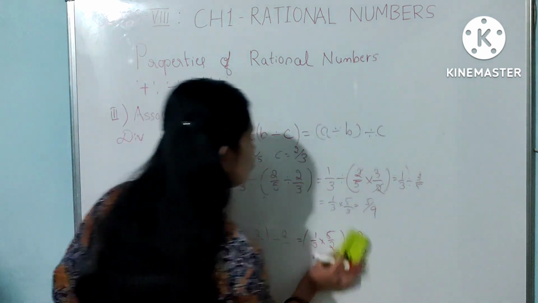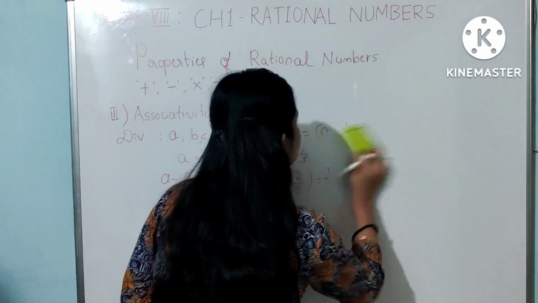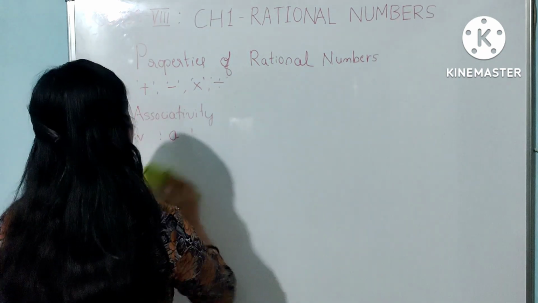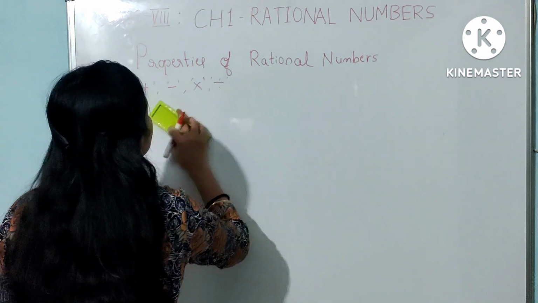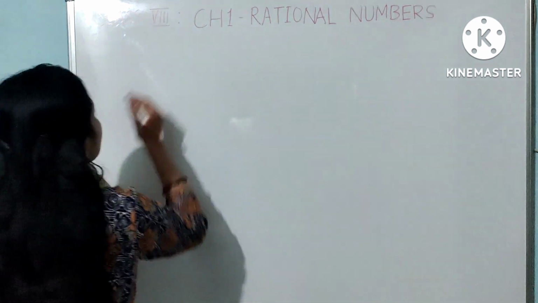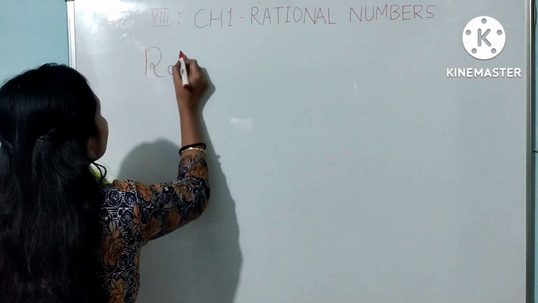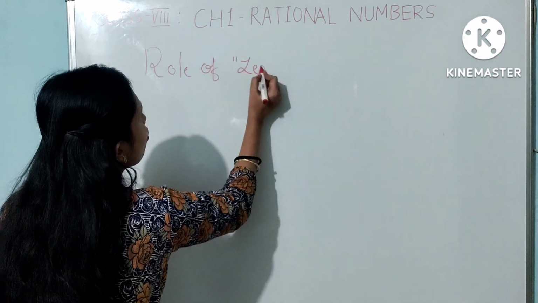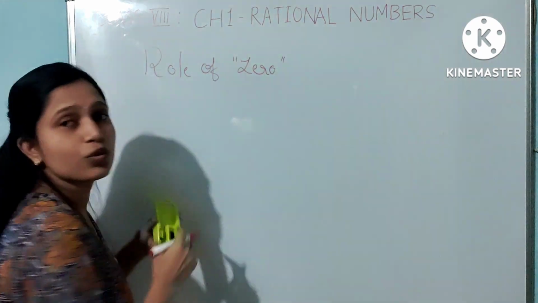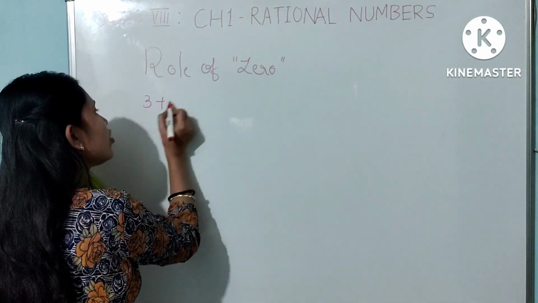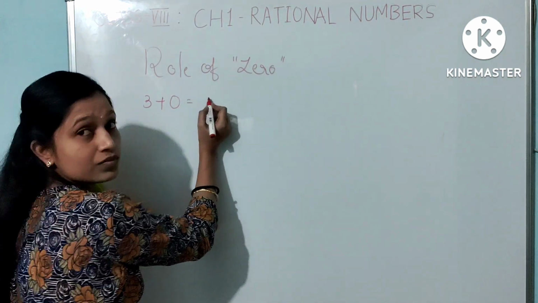So we'll move to the next topic. We will understand the role of 0. What is the role of 0? Can you tell what is the value of 3 plus 0?